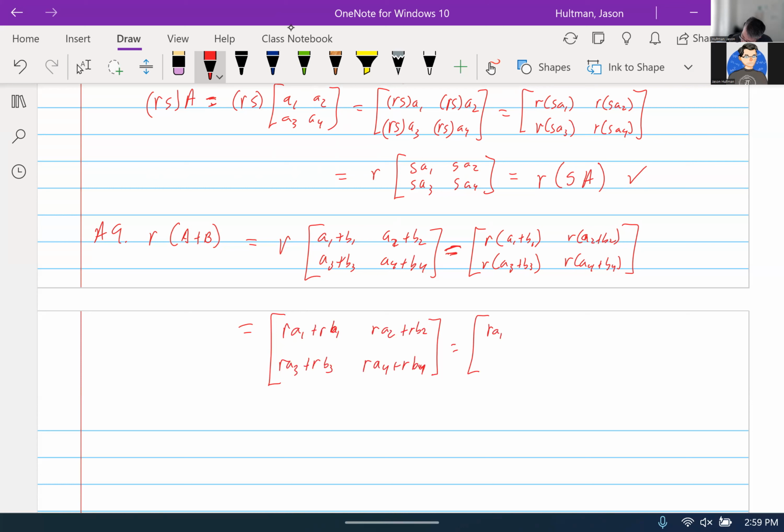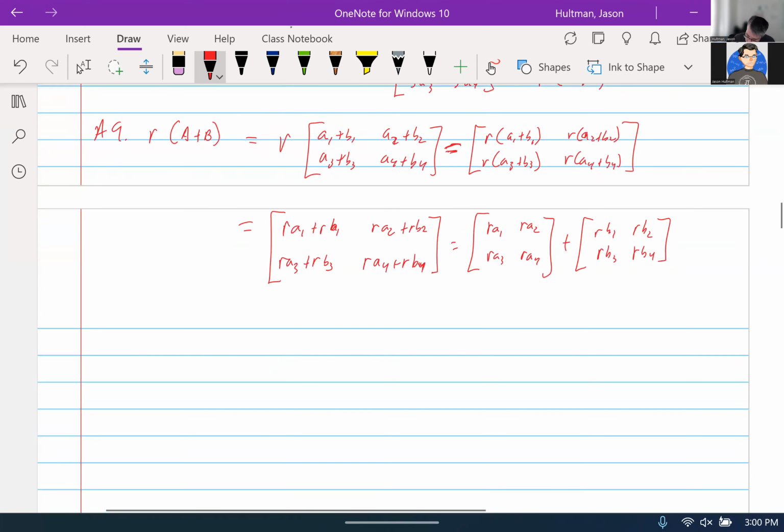This is RA1, RA2, RA3, RA4, plus RB1, RB2, RB3, RB4, and I can factor out the R, which is equal to R times A1, A2, A3, A4, plus R times B1, B2, B3, B4, which is equal to RA plus RB. So that checks.